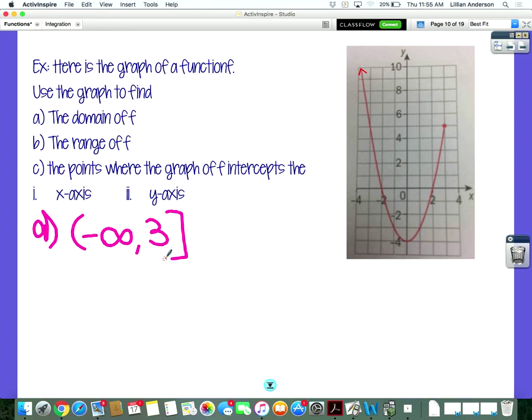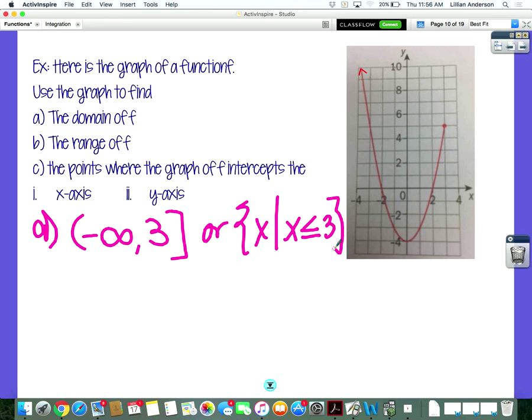If you wanted to write it in sets, it's from negative infinity to positive 3. That means it's everything that is less than or equal to 3. So it would have been written as the set of x values such that x is less than or equal to 3. Questions?